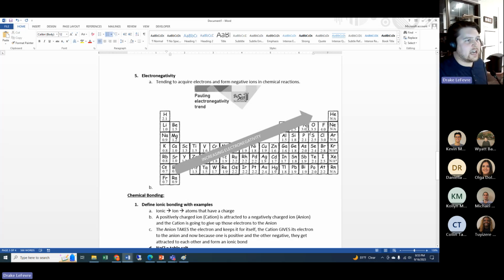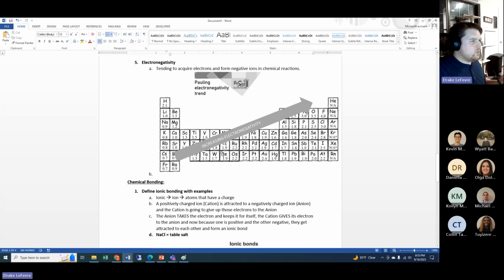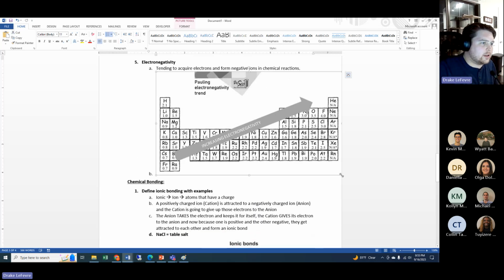And so the nitrogen side of the molecule is going to be more negative than the hydrogen side of the molecule, which sets us up for extra stuff later on that we can see with bonding.